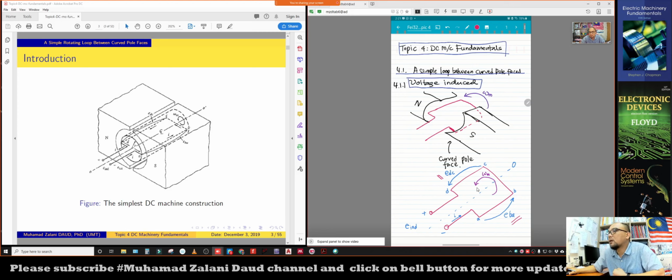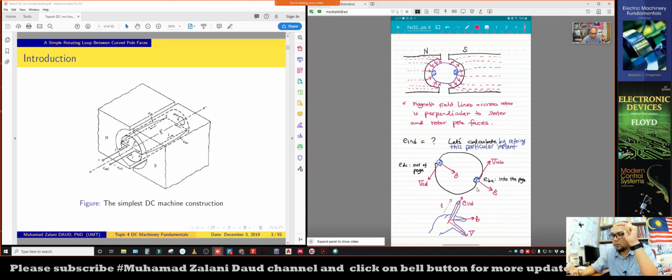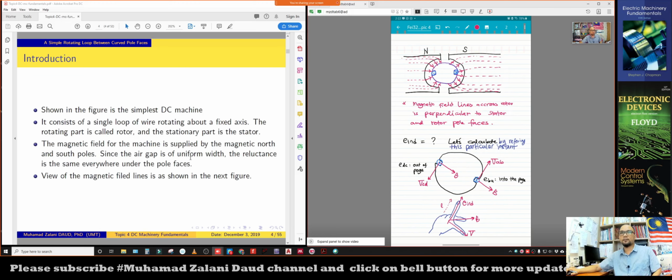When we want to determine the direction of the induced voltage, we use the left hand rule. Let me show you in the next page of the lecture notes.